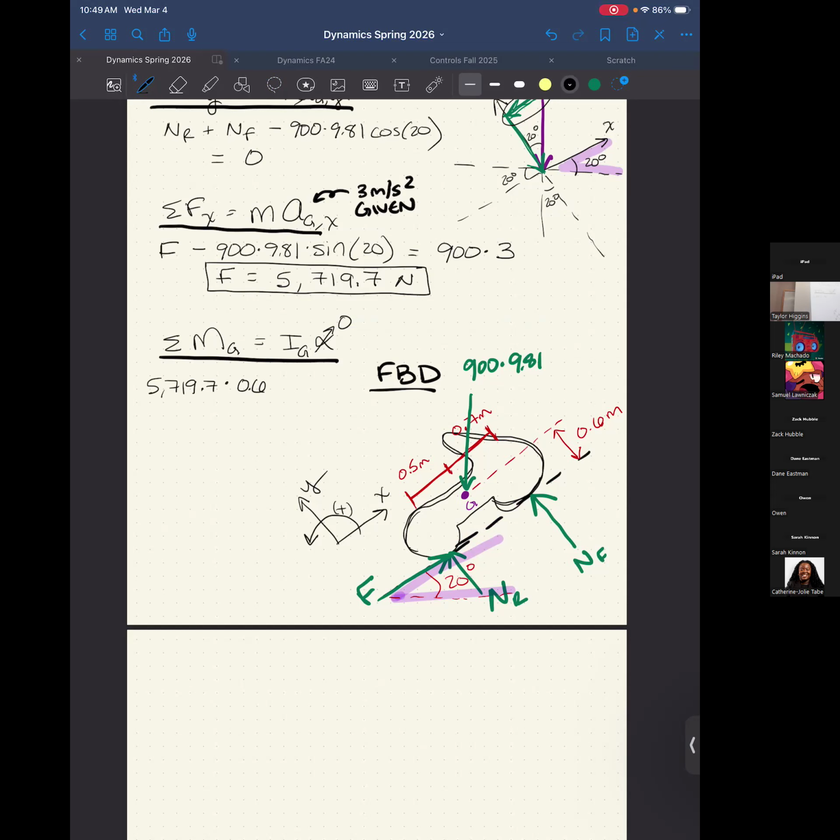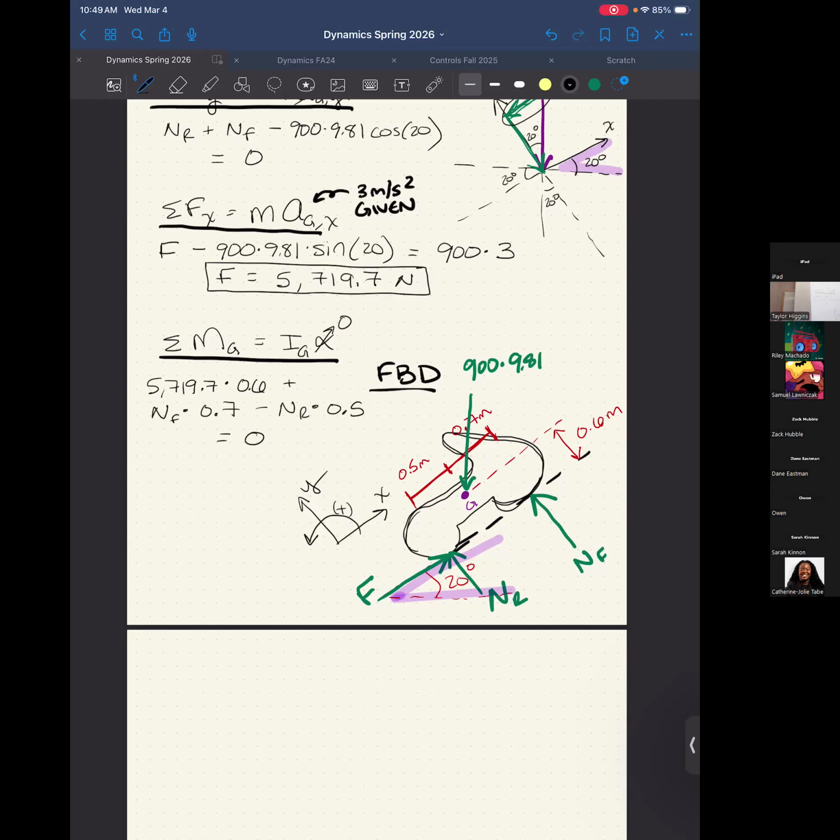Positive. Plus N_F times 0.7. Very good. N_R times 0.5. Very good. These all sum to 0.